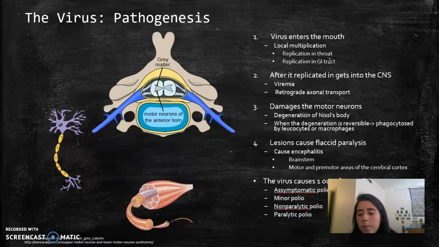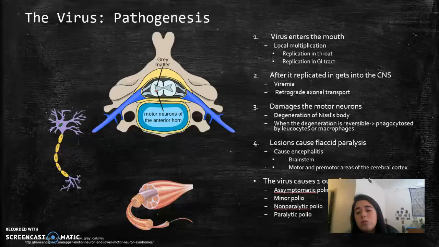We aren't sure how, but there are 2 theories going around. Viremia, which is via the blood, and it finds its way to the specific target in the spinal cord, which is the neurons. Another theory is retrograde axonal transport, which basically translates to backwards axonal transport.